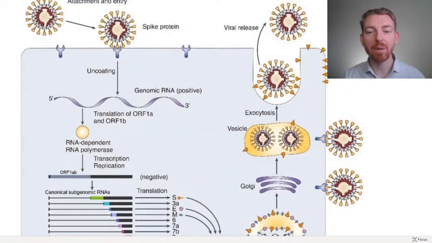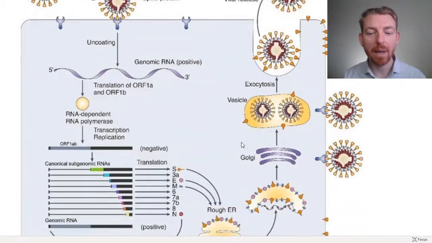So this is the viral release that then goes on to infect other cells. And this is happening thousands upon thousands of times per cell. And that is how we get the growth of this virus inside our bodies.